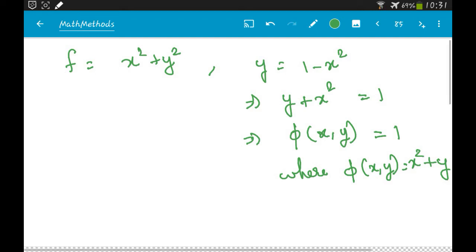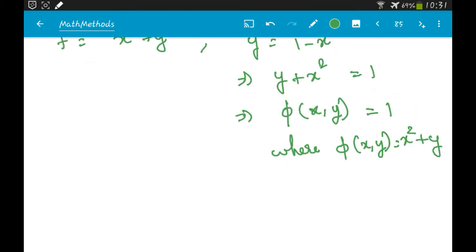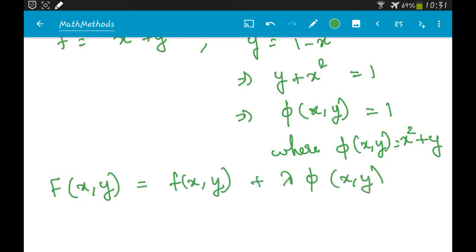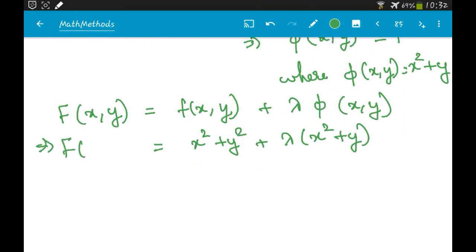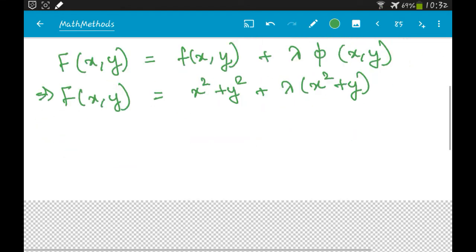Now we need to solve three equations. Capital F of x comma y is f of x comma y plus lambda phi of x comma y, which gives us x square plus y square plus lambda into x square plus y. So what are the three equations?